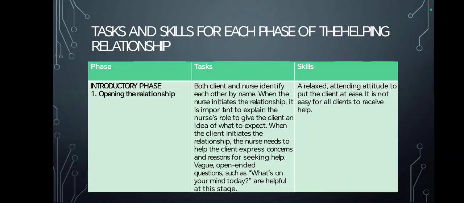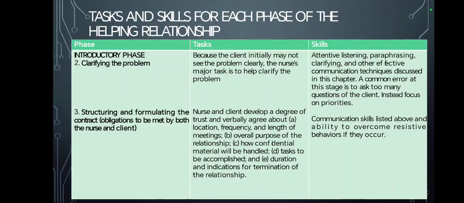Next, we have clarifying the problem. Because the client initially may not see the problem clearly, the nurse's major task is to help clarify it for the client. Next, structuring and formulating a contract, with obligations to be met by both client and nurse.